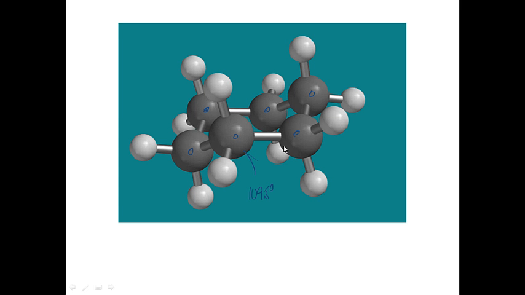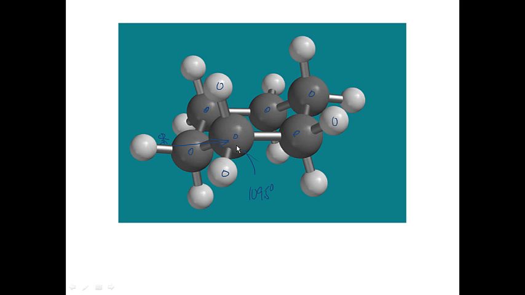Not only that, but we'll talk about for the Friday lecture the fact that in cyclohexane, if I looked at this hydrogen and this hydrogen, if I was to look down this carbon-carbon bond and draw a Newman projection, I'm going to see that these groups are perfectly staggered.